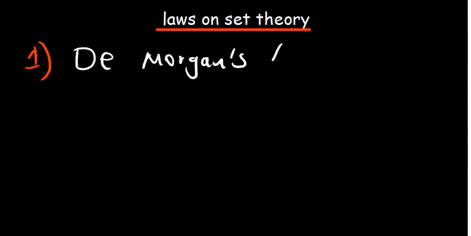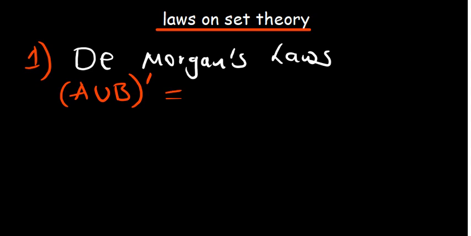Under De Morgan's laws, if you want to remember what is given here, you need to talk about the aspect of the complements. So when you have A union B, for example, in brackets with a complement outside, this is basically the same as A complement intersection B complement.